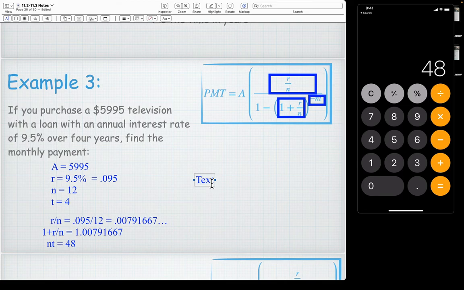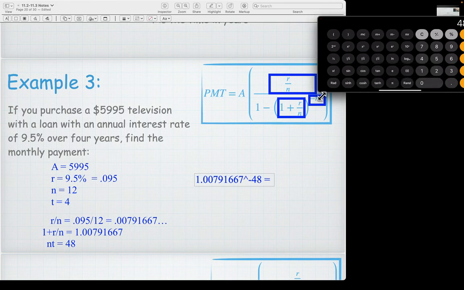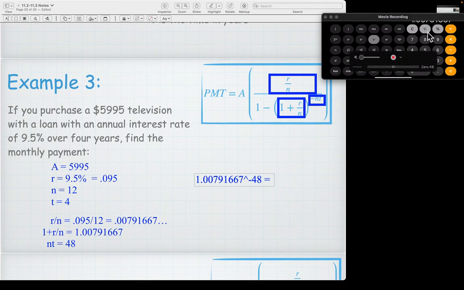So 1.007916667. I want to raise that to the negative 48. So for that one, we have to turn our calculator sideways. So we have the exponent button. So 1.007916667 raised to the negative 48. In order to do that on one of these calculators, do you see how right here it says plus or minus?